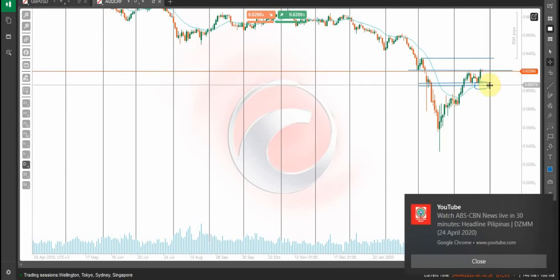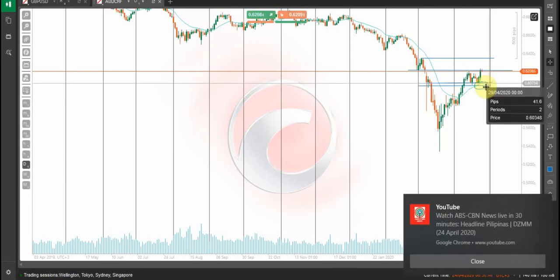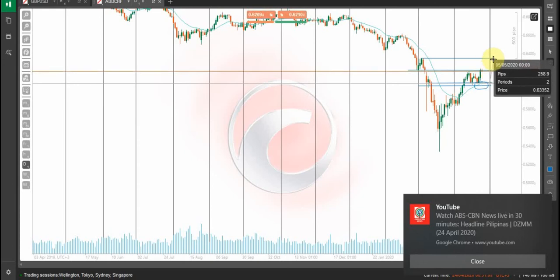Or if he wants to really enter in this area and stop loss here, 41 pips in daily, with a profit of 129 pips, so it's not a good risk-reward ratio. Only risking 23 pips, then having 129.40 pips.